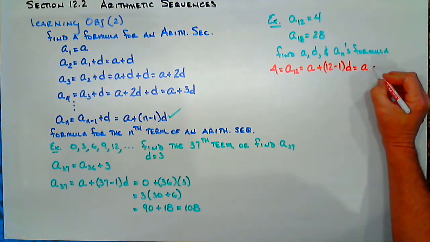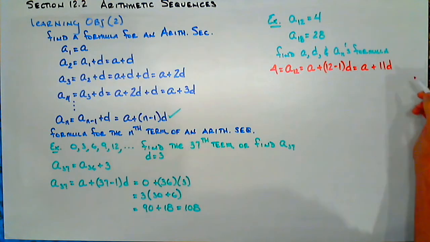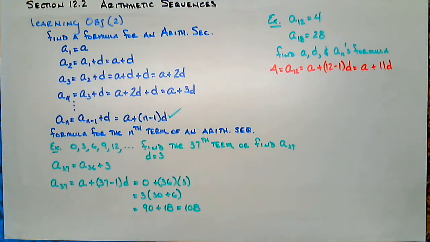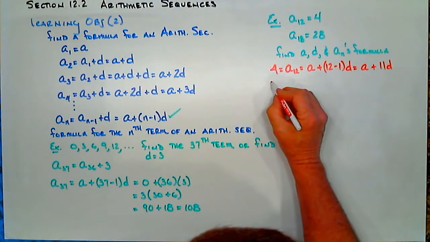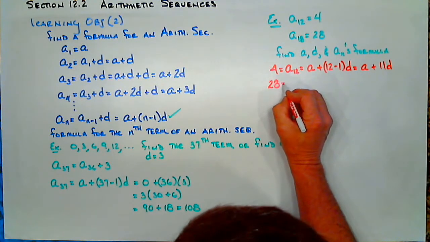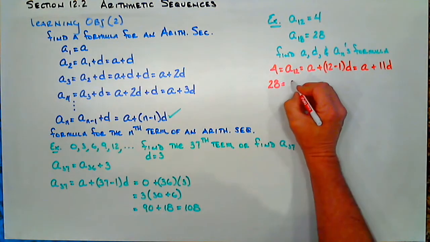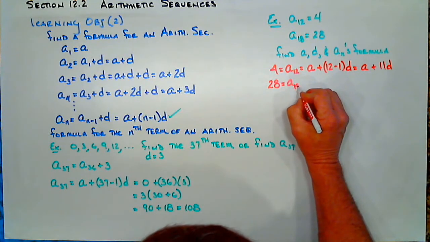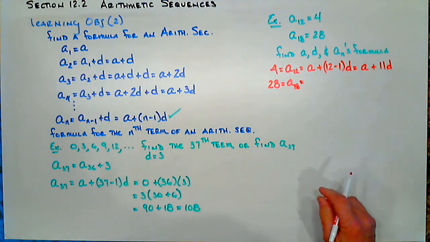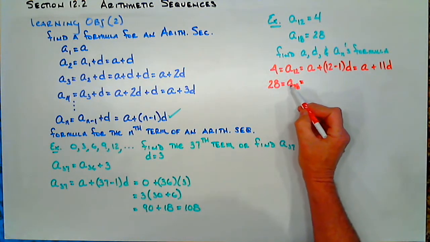This is a plus 11d's. That's what that is. Now, we're going to do the same thing for this. We know 28 is equal to our 18th term. Now, I don't know what my 18th term is, other than it's 28.